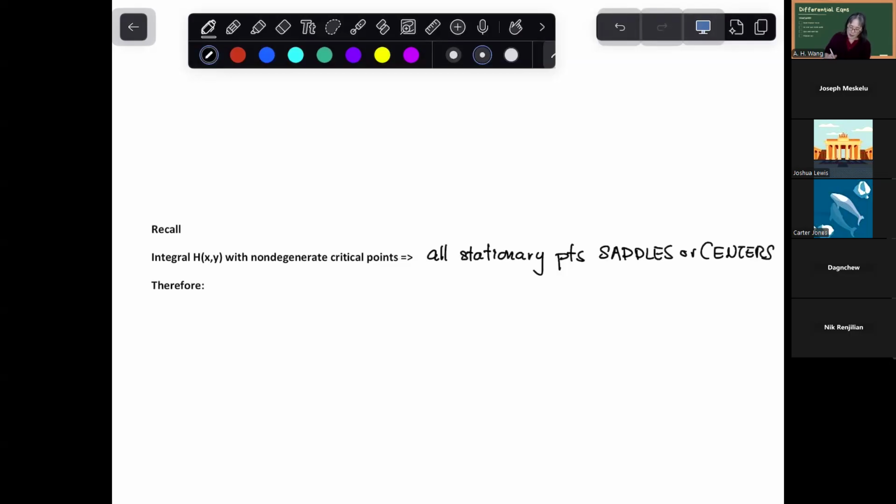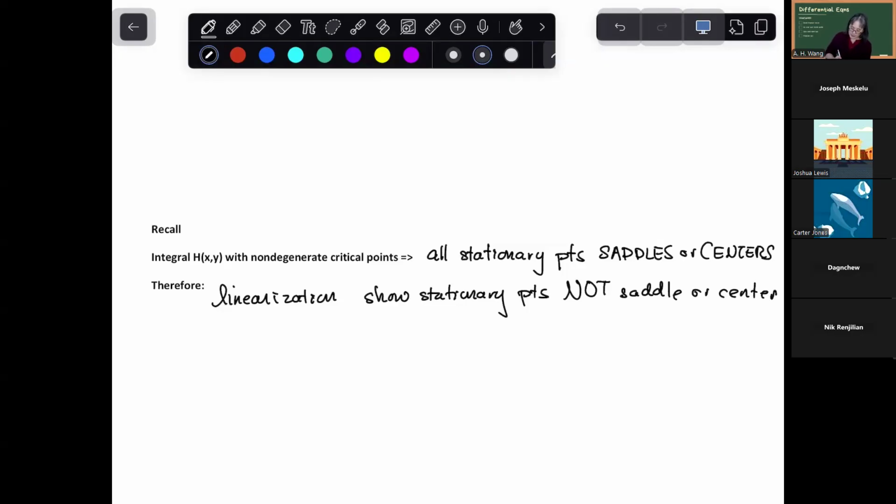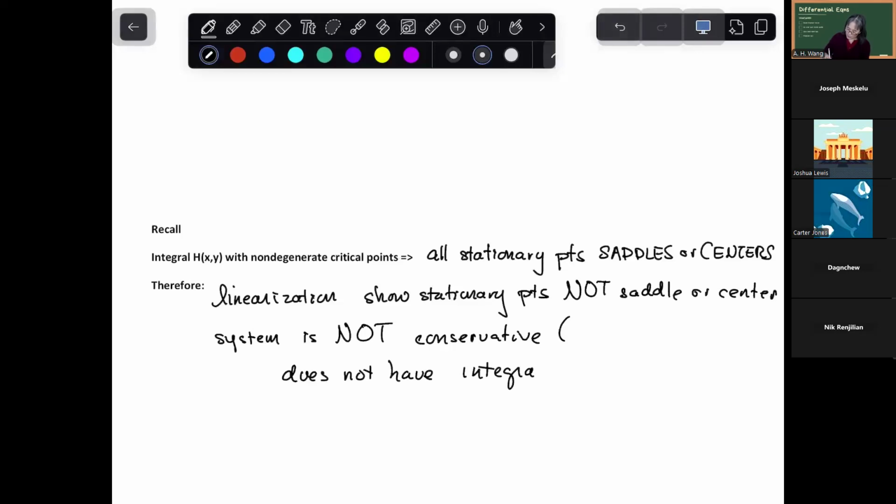So if you do a linearization and it shows stationary points that are not saddles or centers, then you know automatically the system is not conservative and does not have an integral H, or Hamiltonian, obviously.